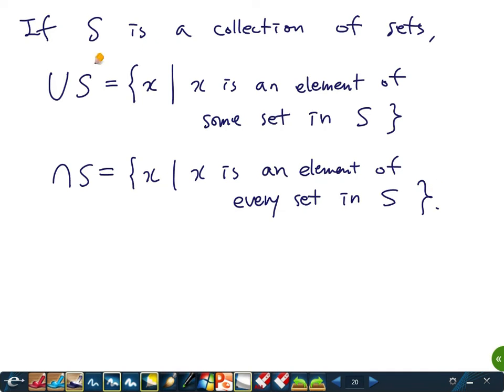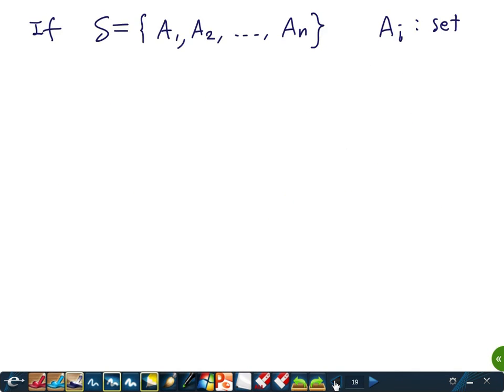So maybe in this way it's a little hard to understand. So I go back to this slide. Just imagine that we have finitely many sets. S is a set of sets, A1, A2, etc., up to An. Then what does the union of S mean? You just take the union of all sets.